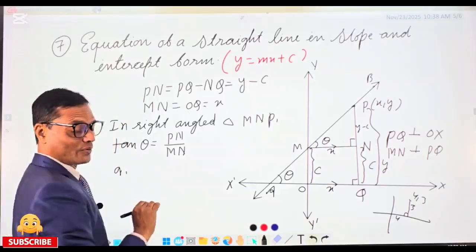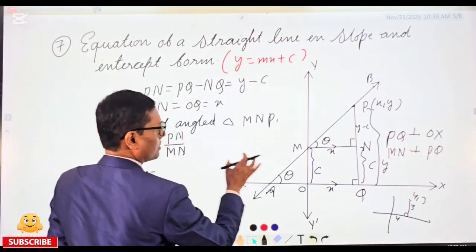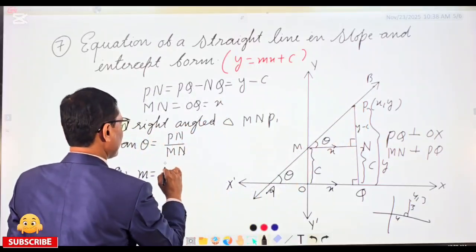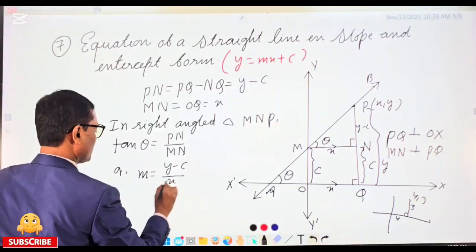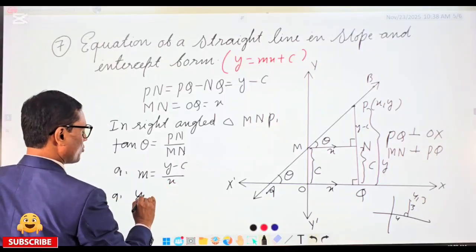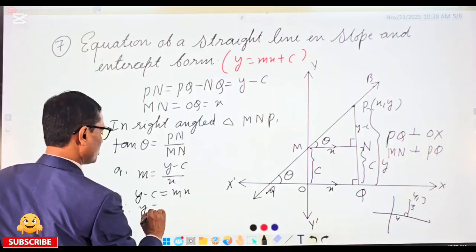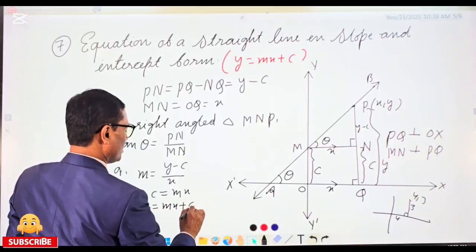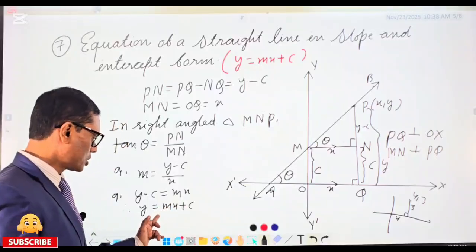And tan theta means slope. Remember, tan theta equals slope, that's m, and PN equals y minus c, and MN equals x. Do the cross multiplication, y minus c equals mx, and y equals mx plus c is the required equation of the straight line, isn't it? So don't forget, m is the slope and c is the y intercept.